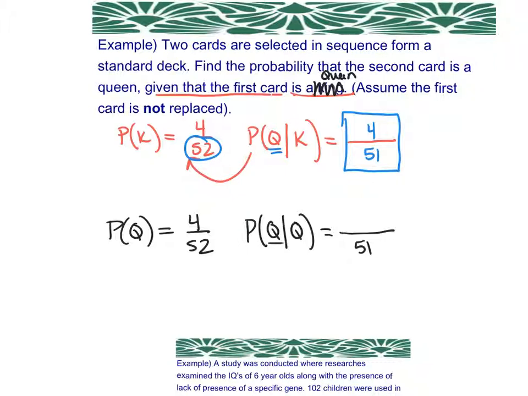But now when I'm asking what's the probability that I'm going to pull another queen, it changes the numerator too, because there's only 3 queens left. So that would be 3 out of 51. Again, this is all assuming that the first card is not replaced, because if I replace the first card, these would become independent events.